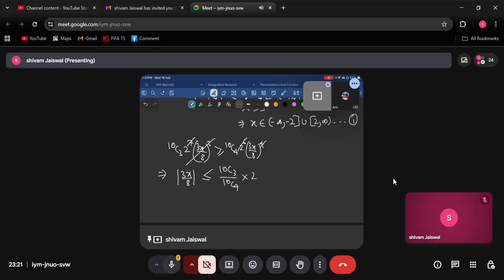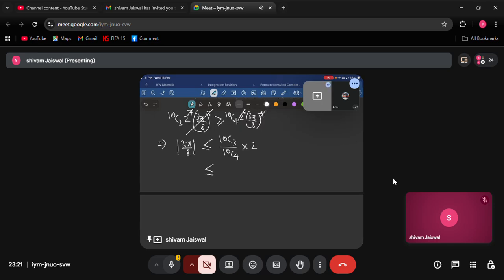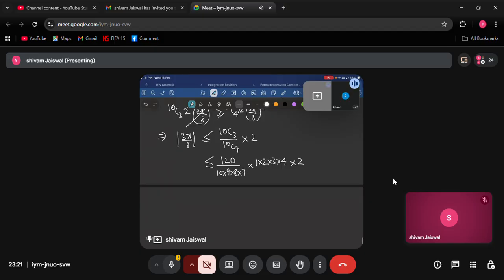Okay. Which is less than or equal to 10C3, which is 10 into 120, divided by 10 into 9 into 8 into 7 multiplied by 1 into 2 into 3 into 4. 210. Sure. I think we can do some cancellation over here also. 30 times 3, 30 times 4.